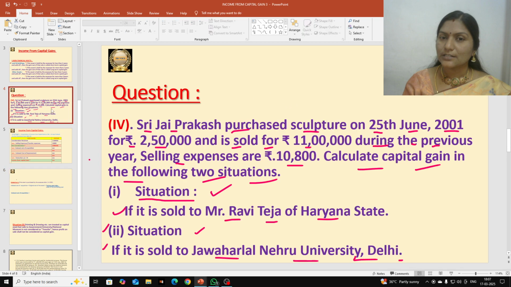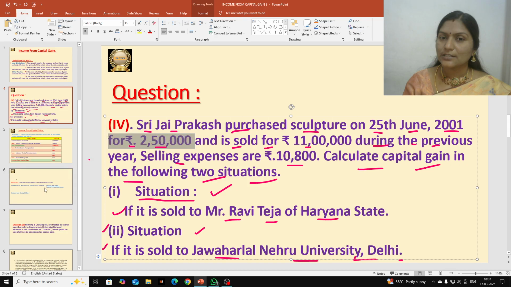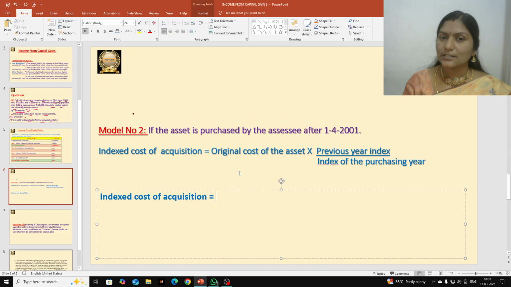What is the original cost of the asset? He is purchasing that for 2,50,000. So let us take 2,50,000, original cost of the asset, 2,50,000, into previous year index.